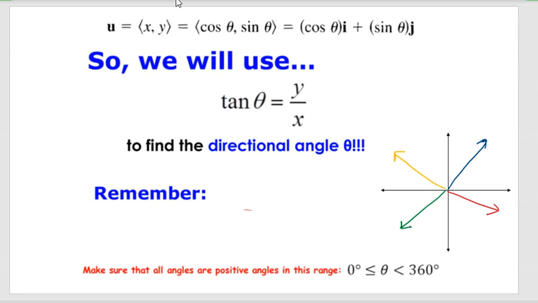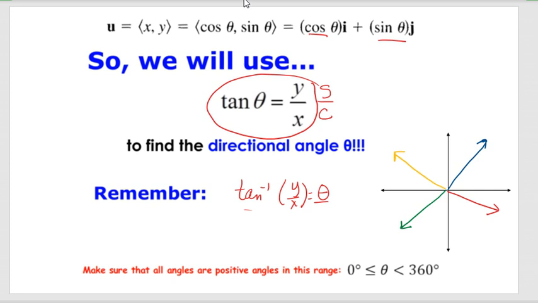If you take tan inverse, tangent of theta is equal to y over x, or as you remember, sine over cosine, then you would do tan inverse of y over x to give you an angle. But that answer is always going to be over here in one of these 2 quadrants. So you may have to do a little work if you want it to end up in the other places.